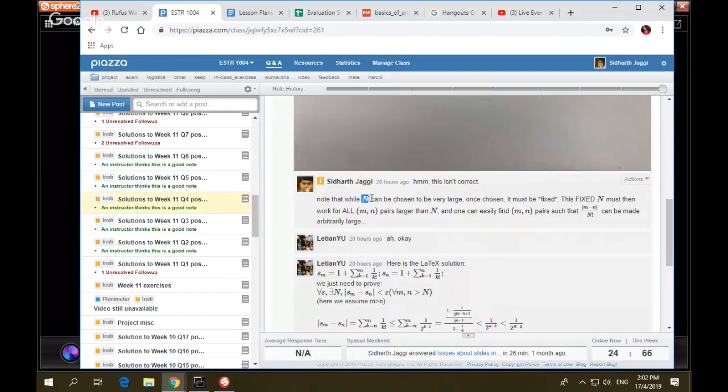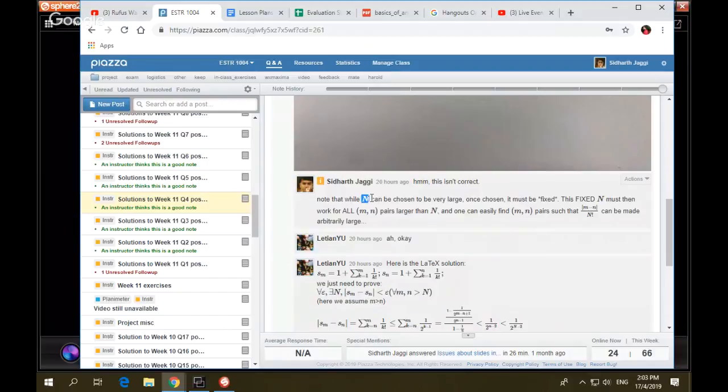Okay, so let me just say that again. First you choose your epsilon. Your epsilon is how close you want your sequence to be to the limit. You don't know what the limit is, but you want the sequence to be epsilon close to the limit. Given that epsilon, you then choose a capital N. So capital N is saying how far to the right on the integer line do you want to go? Like how far into the sequence do you want to go? And this choice can only depend on epsilon, nothing else.